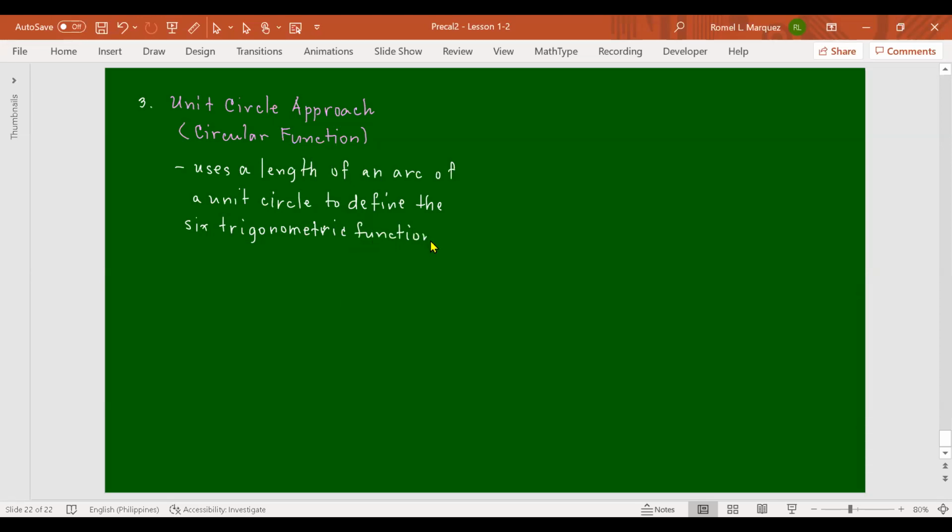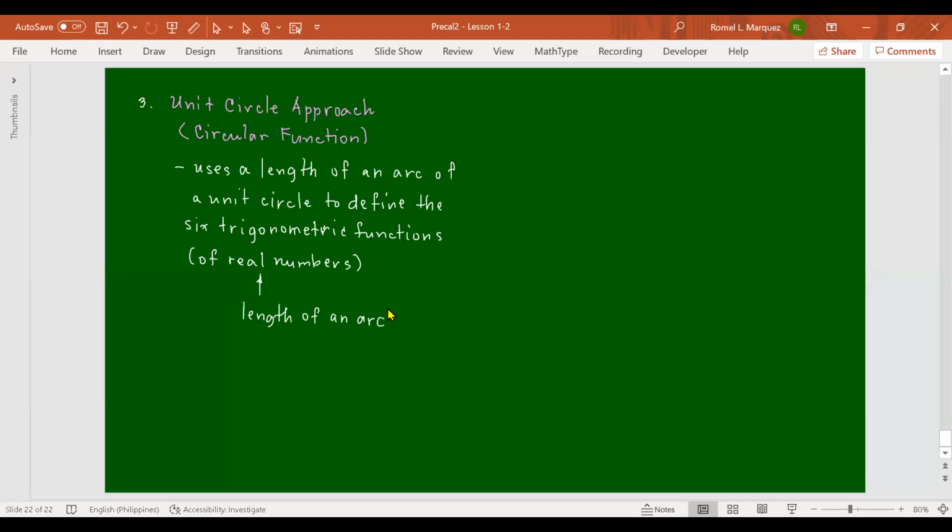But this time, the six trigonometric functions of real numbers. And these real numbers represent the length of an arc. Now, what is nice is that there is a one-to-one correspondence.